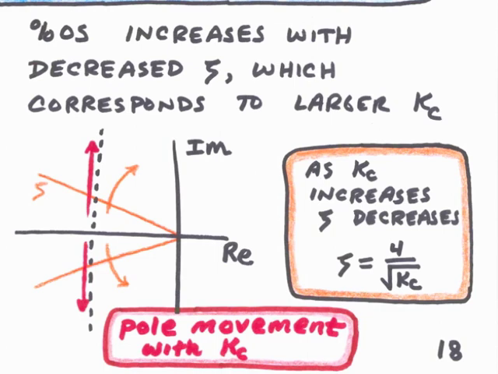Zeta will decrease as kc increases, since zeta is equal to 4 over the square root of kc. As zeta decreases, the percent overshoot will increase. So larger values of kc will result in larger values of percent overshoot.